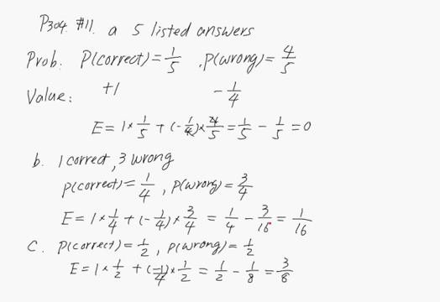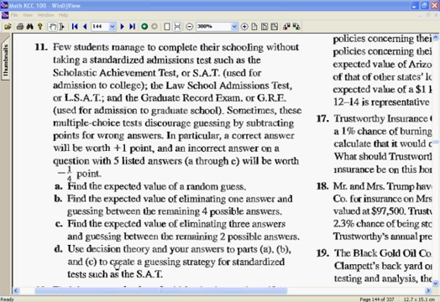Now let's look at part D. Use decision theory and your answers to parts A, B, and C to create a guessing strategy for standardized tests such as the SAT. If you have no idea about any answer in the list, what should you do?